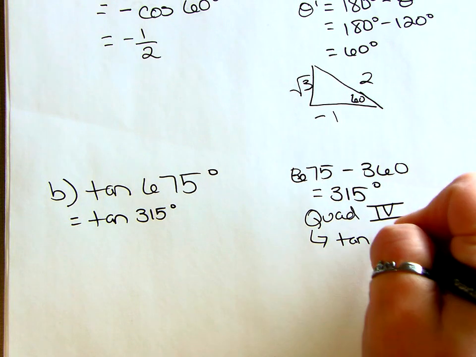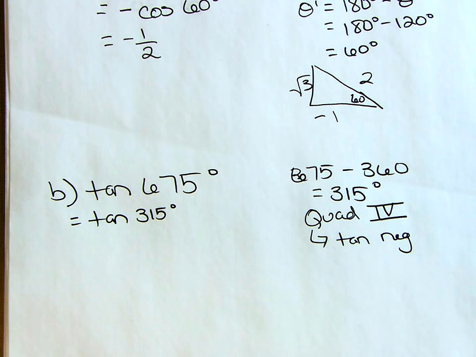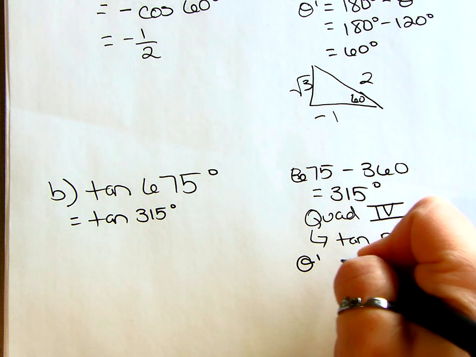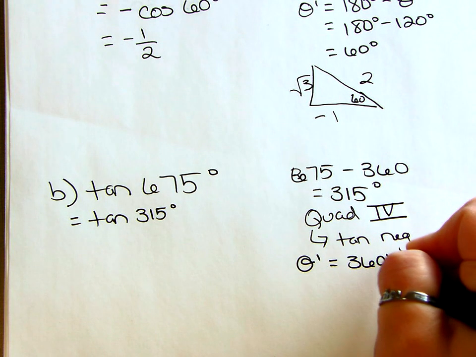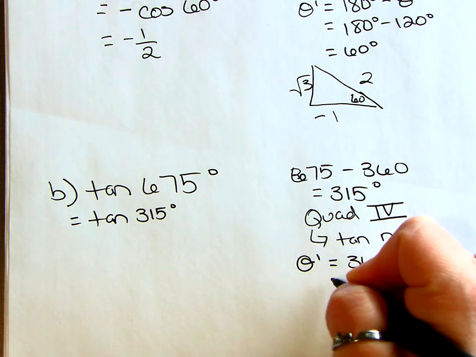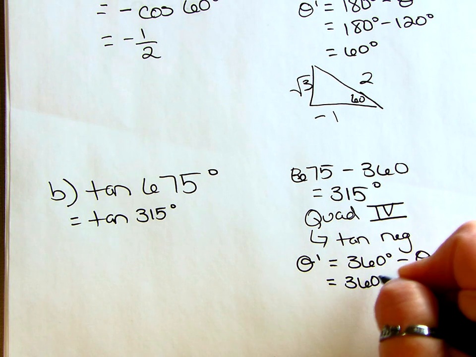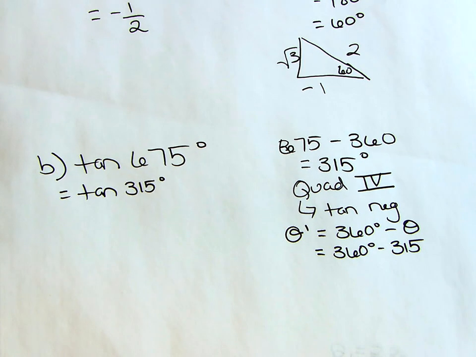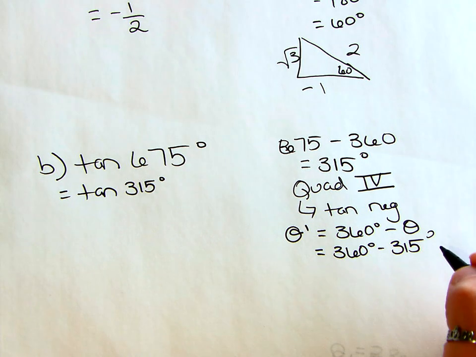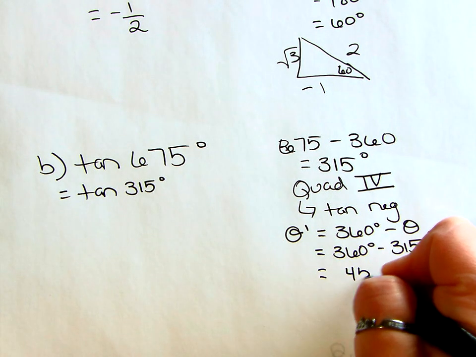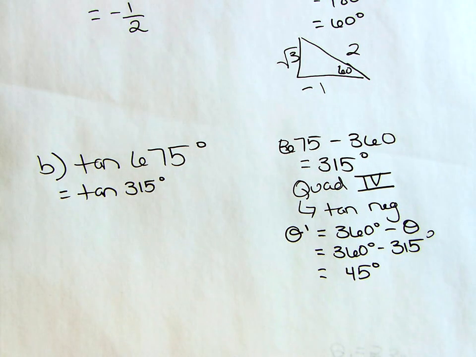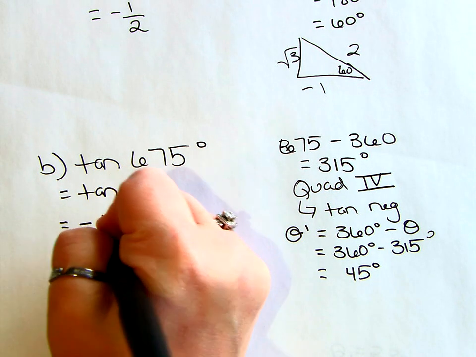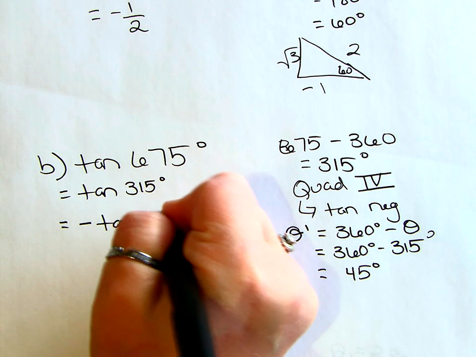In order to find my reference angle, I'm going to take 360 degrees minus my theta. Since tangent is negative, I'm going to use negative tangent of 45 degrees to find the tangent of 675.